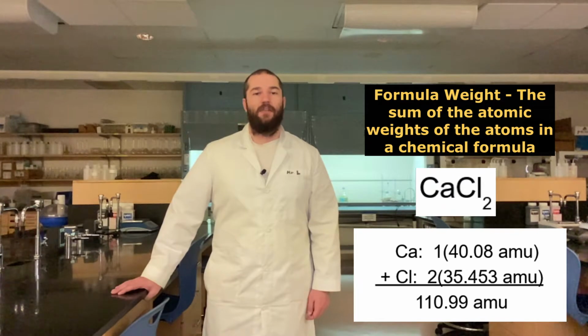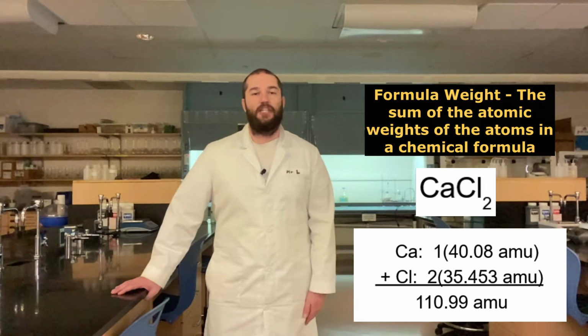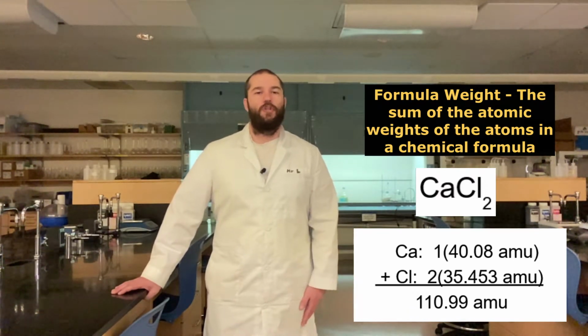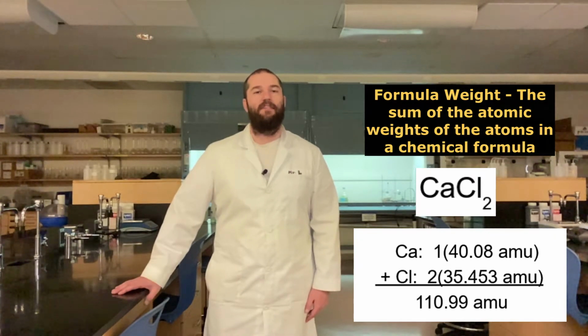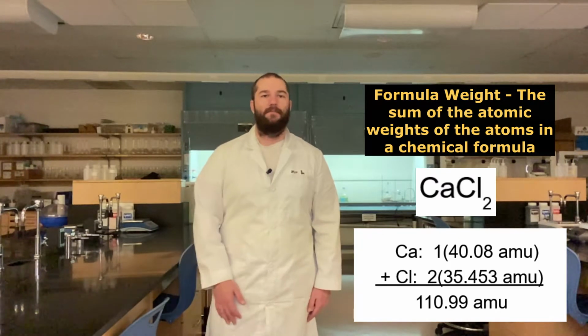So we're going to look up chlorine's atomic weight, which is around 35.45, and we're going to multiply that by 2. To get the overall formula weight, what you're going to do is just sum all the different weights for each element. So we've got 40 plus about 71, which should total us 111 AMU. So this will be the formula weight of calcium chloride.